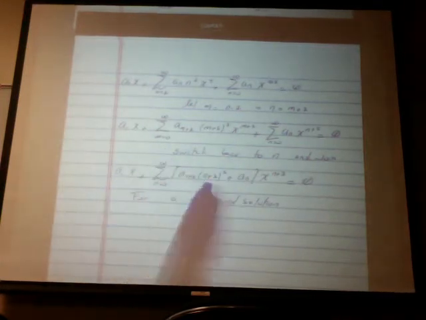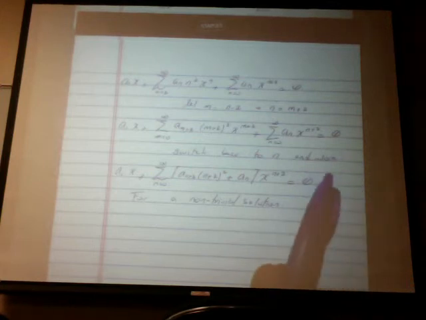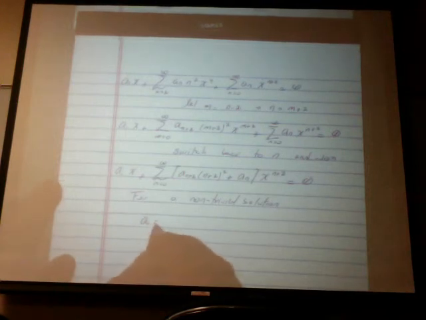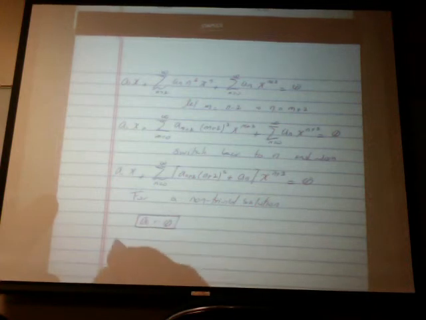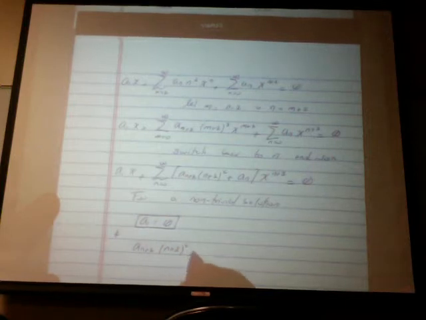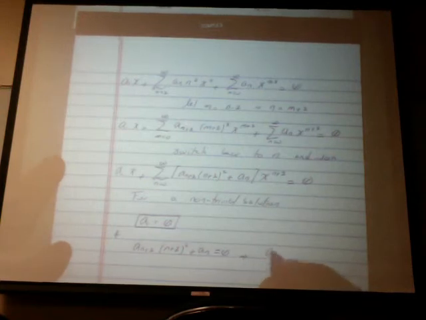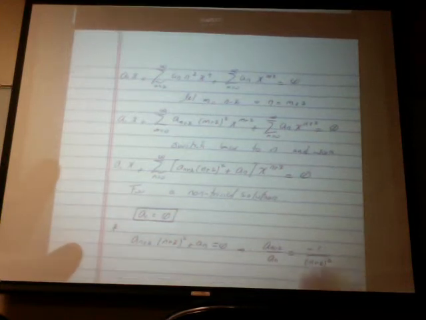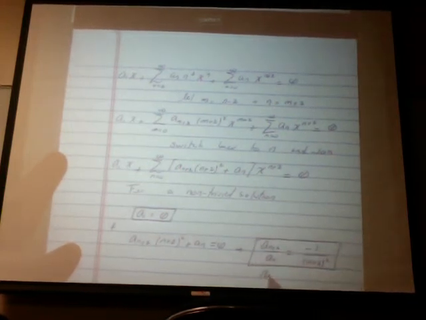Because if the left-hand side is equal to the right-hand side, there's no x's on the right-hand side, nothing multiplies x on the right-hand side, a1 needs to be equal to 0, and a n plus 2 times n plus 2 squared plus a n must be equal to 0, which means that a n plus 2 divided by a n is equal to minus 1 over n plus 2 squared. This is the recurrence relation.